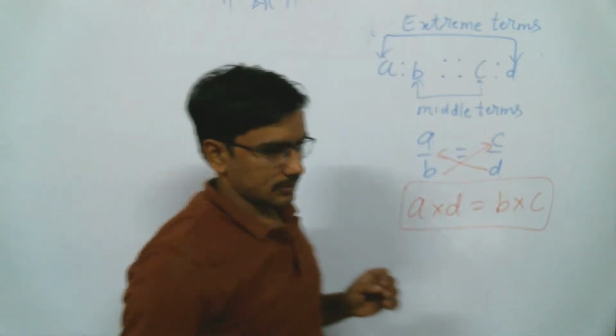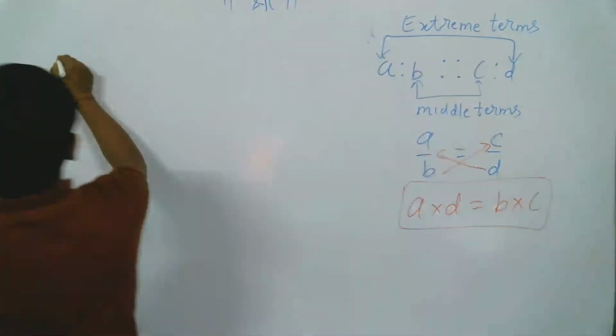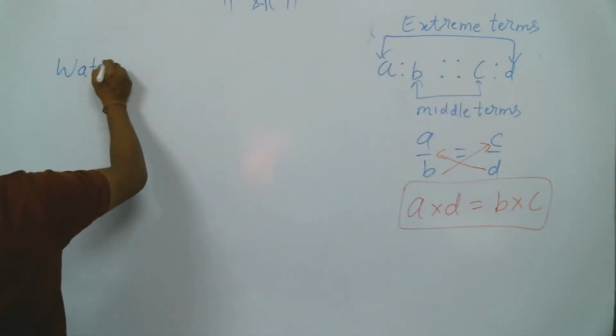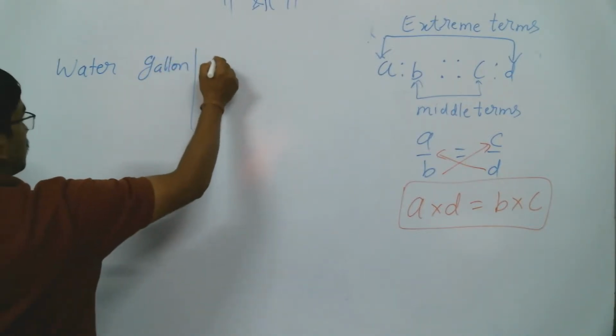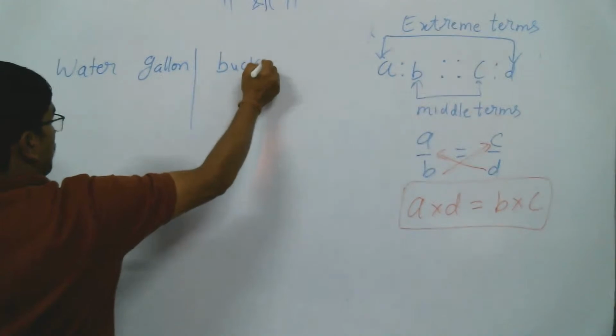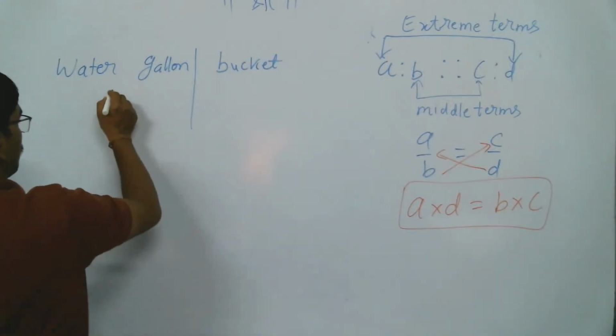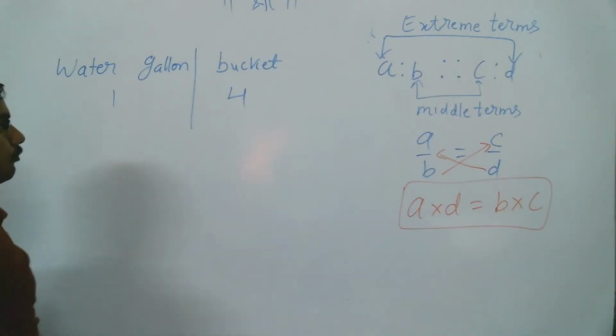Now Bhargav is telling that a water gallon and a small bucket. Okay, there are two things. Water gallon and bucket. So for one water gallon you need 4 buckets.